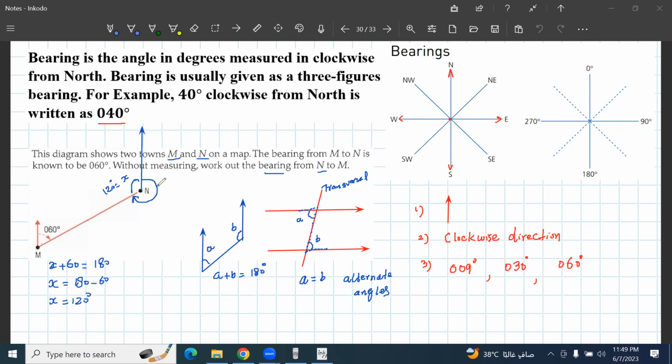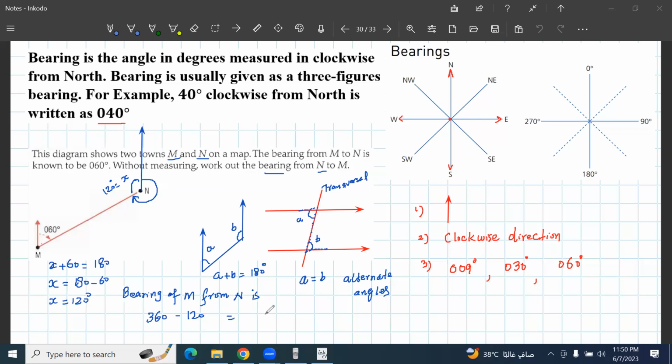Now if you think about that, this full represents a circle, and the angles in a circle are 360, which we say is a complete angle. So we can say that the bearing of M from N is 360 minus 120.